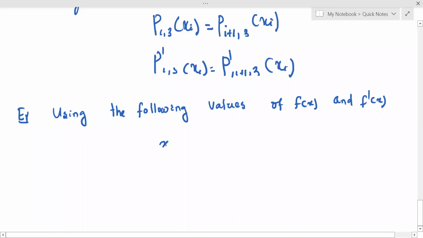And that is given here: x, f x, f dash x.